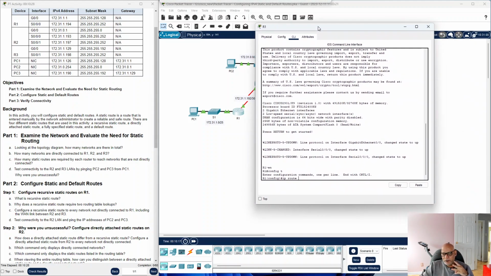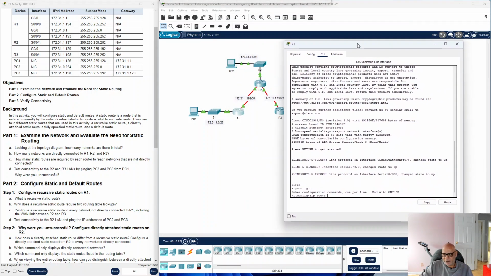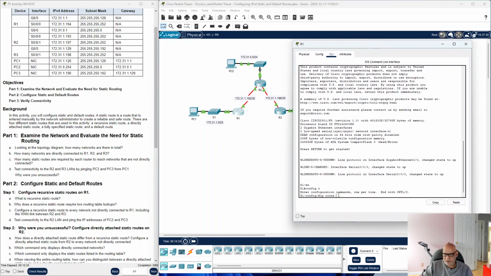172.31.0.0. So ip route, the network that we have to specify is 172.31.0.0 followed by the subnet mask. The subnet mask is 24 bits, so that means it's 255.255.255.0.